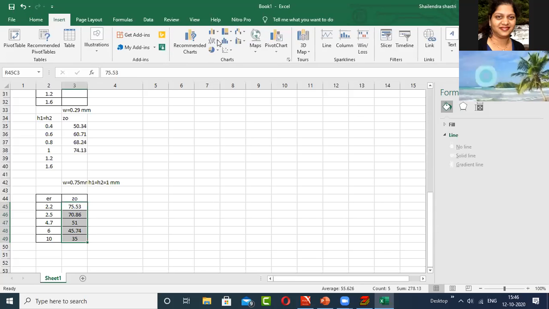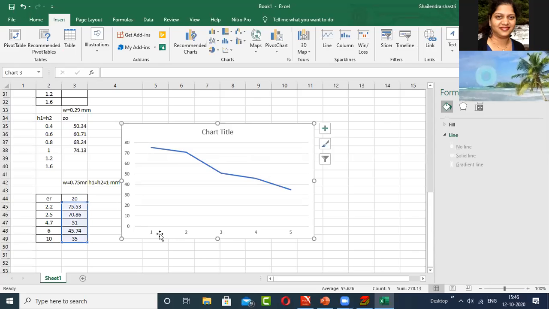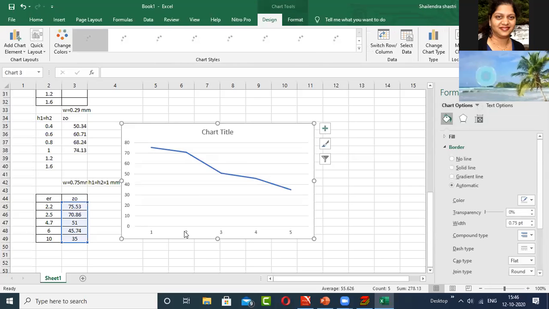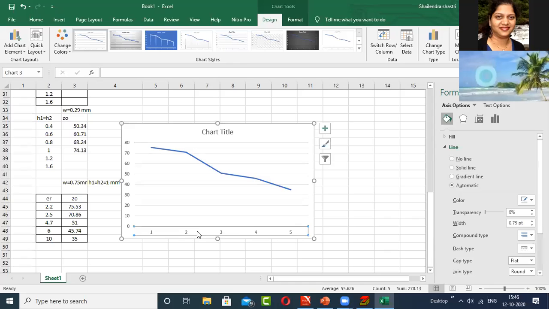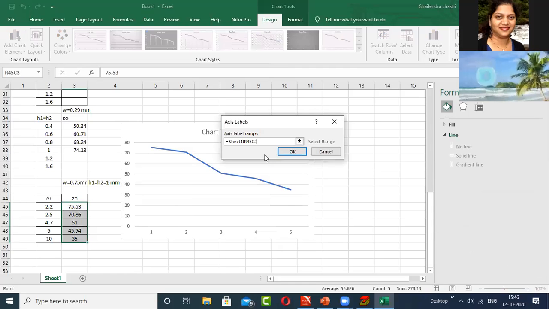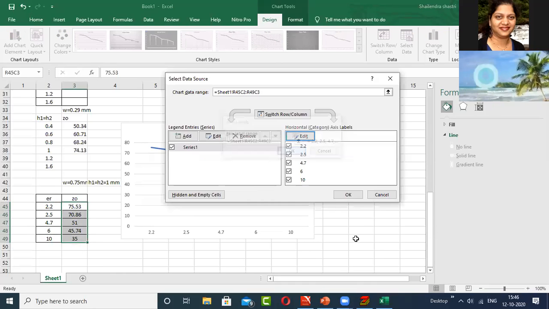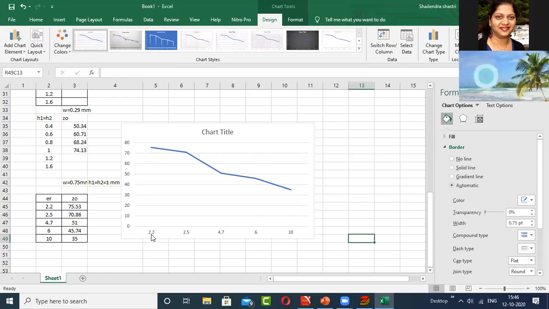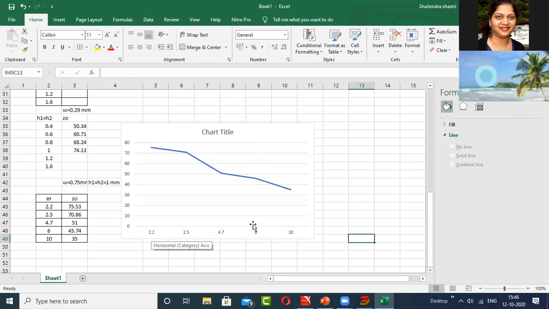So if I suppose plot a graph, right? Here. Okay. So you can see that as the dielectric constant increases, the characteristic impedance decreases. So all this relation can be used for what?